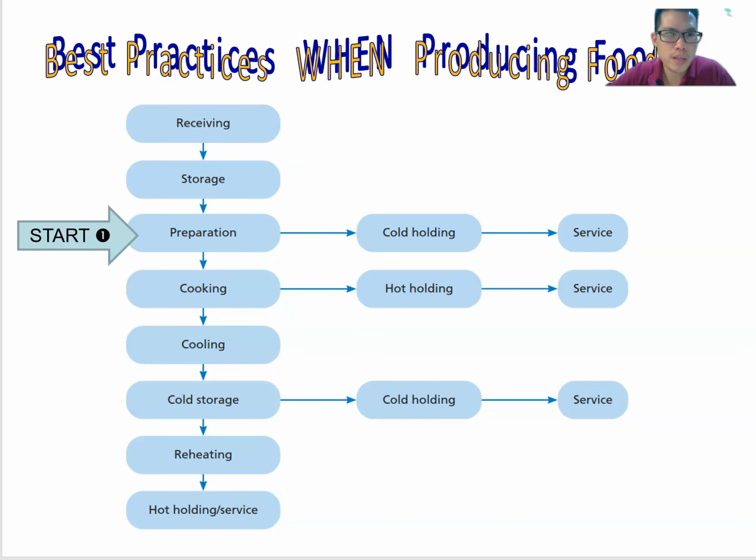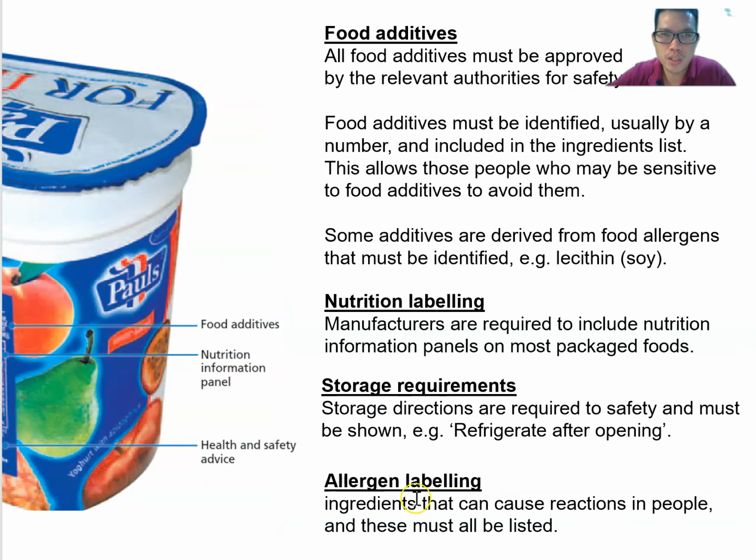Another one that is very important is the allergen. Make sure that you check for any allergen. Say you are specialized in cooking for kids or patients that are sensitive to allergens, so make sure that you check, like for no peanuts.